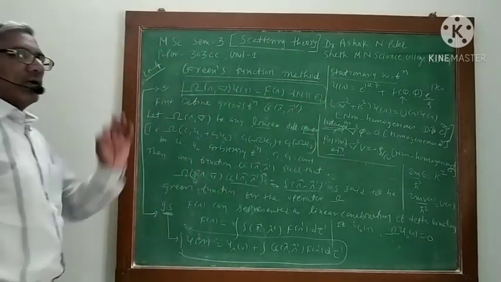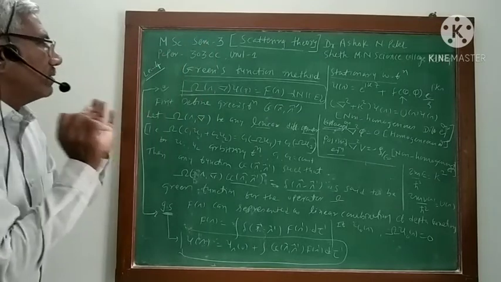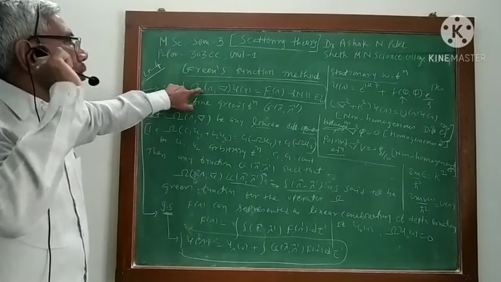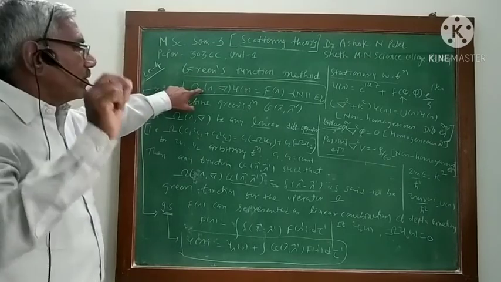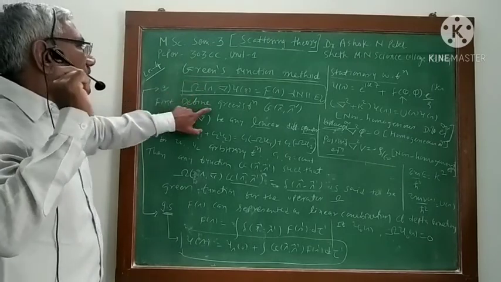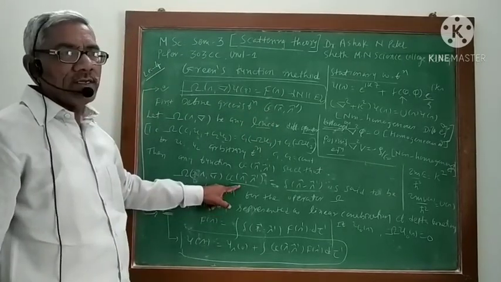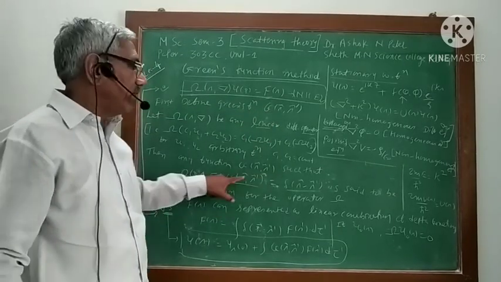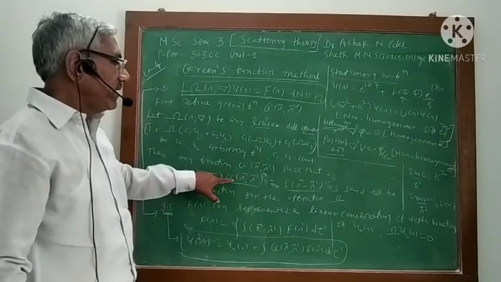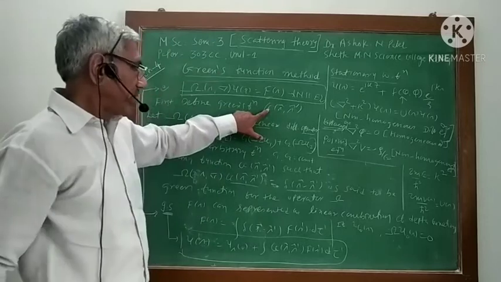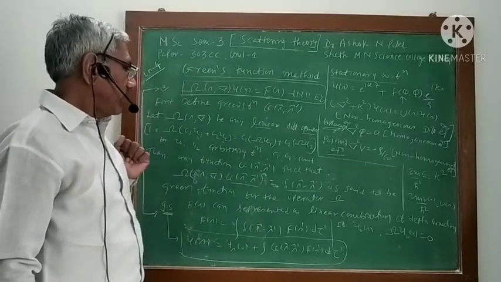non-homogeneous equation. Once again I repeat in two lines. Whenever you have a non-homogeneous equation, you first define the Green function using this property. This Green function should satisfy this, and once it does, it is your acceptable Green function.